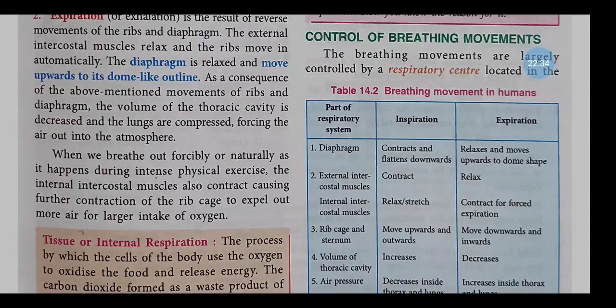The more the carbon dioxide content in the blood, the faster is the breathing. The breathing movements are normally not under the control of will, that is, they are involuntary, but to some extent one can increase or decrease the rate and extent of breathing.